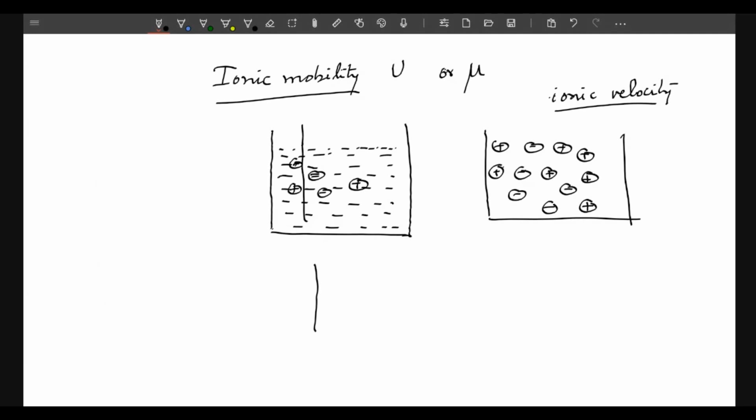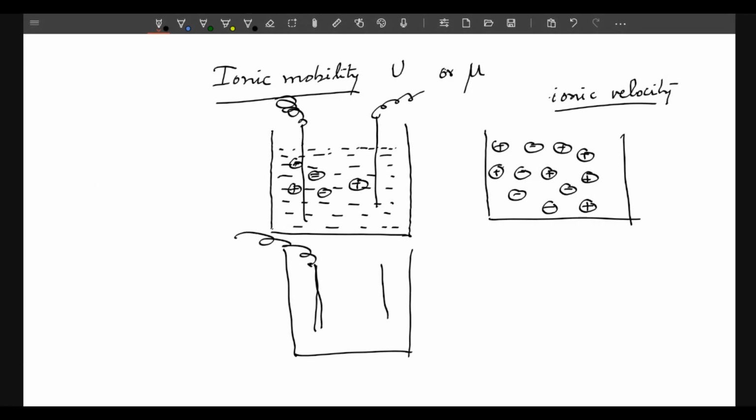When you introduce electrodes and apply a current, what happens? You are applying a potential to the electrode. Let us assume this is the cathode, negatively charged, and this is the anode, positively charged.